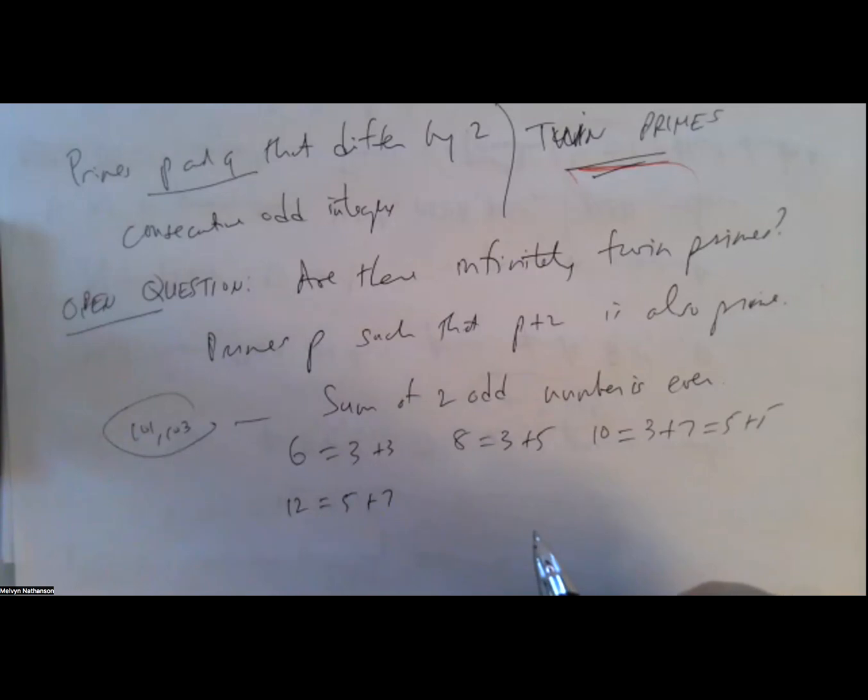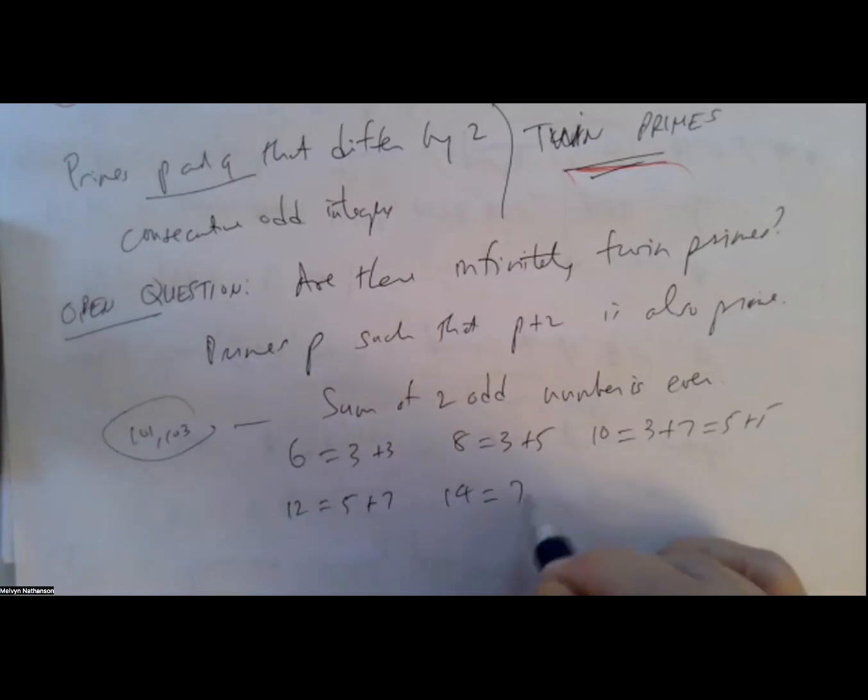12 is 5 plus 7. 14 is 7 plus 7. I mean, there are other ways I can do it.